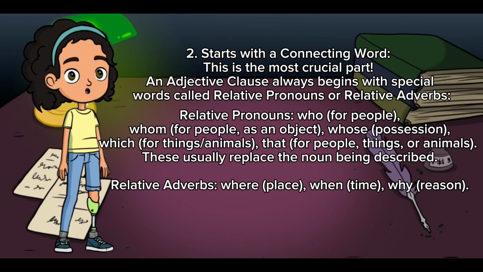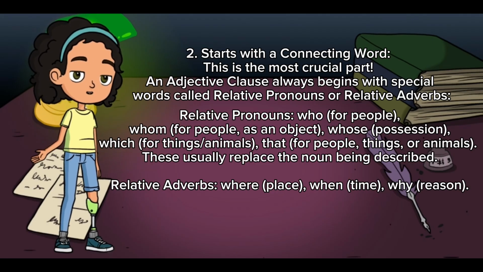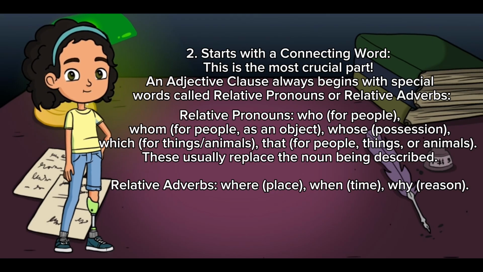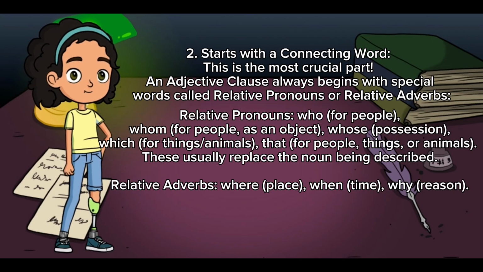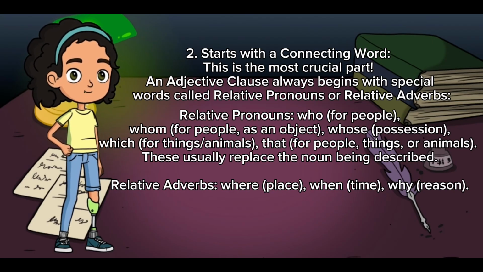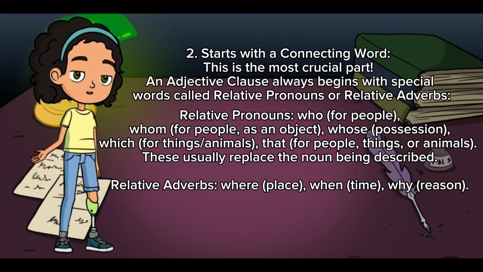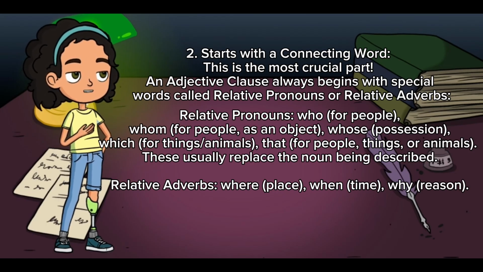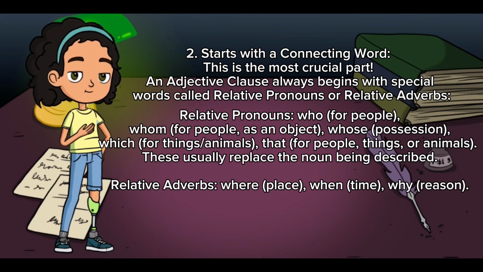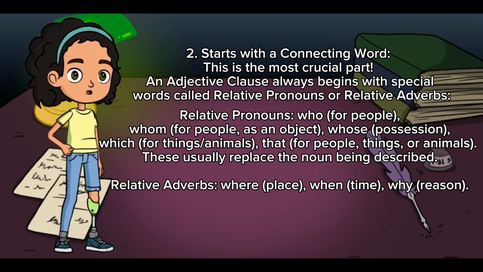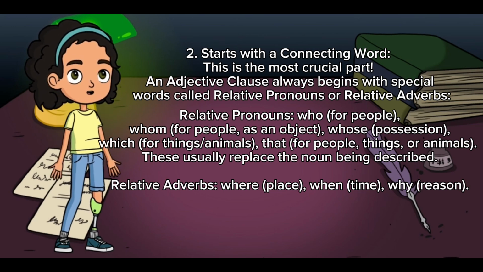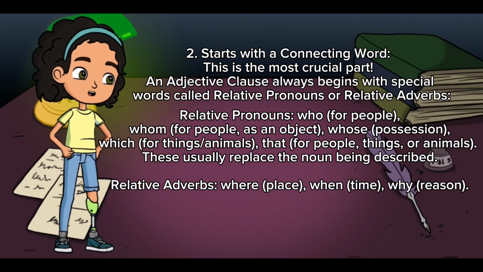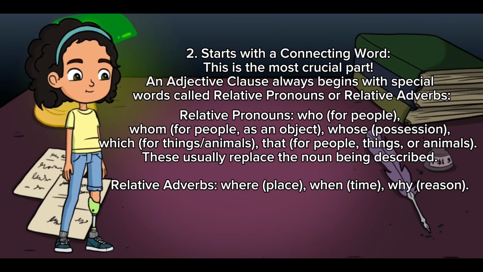For relative pronouns, there are who for people, whom for people as an object, whose for possession, which for things or animals, and that for people, things, or animals. These usually replace the noun being described. And for relative adverbs, there are where for place, when for time, and why for reason.